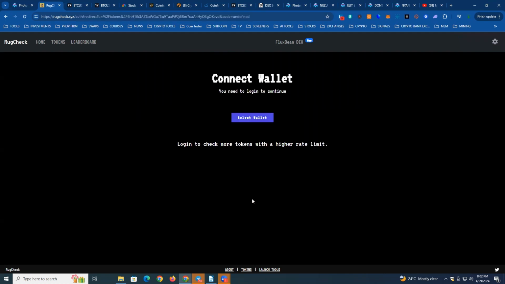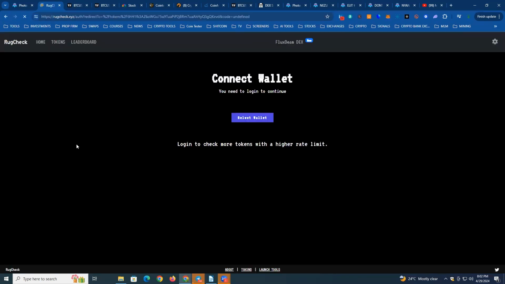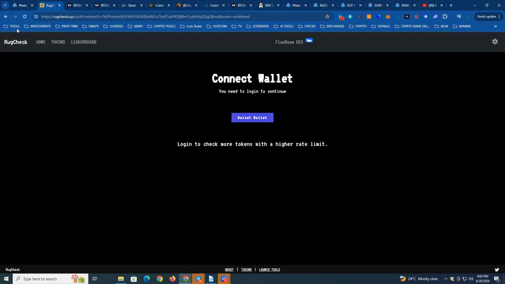What I've noticed with new traders is they become frantic and they tend to panic. I don't want to connect my wallet.